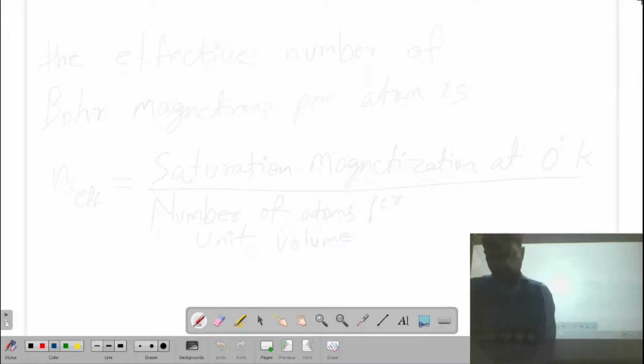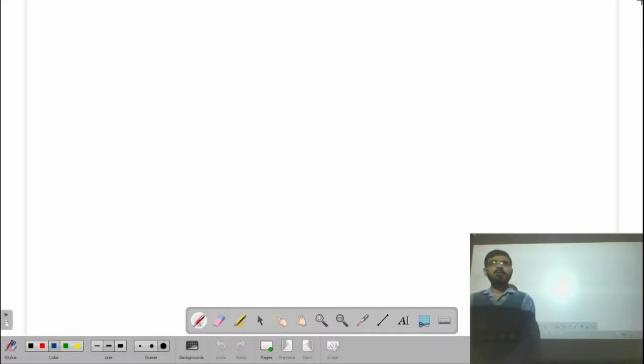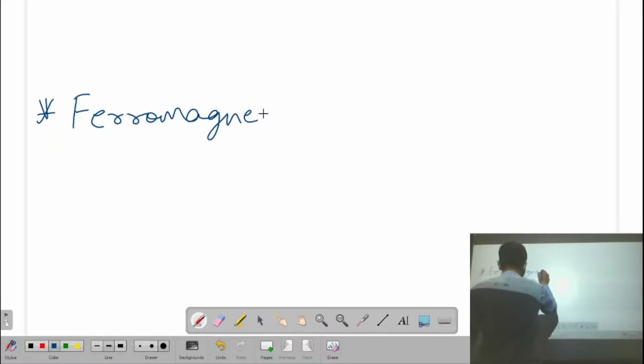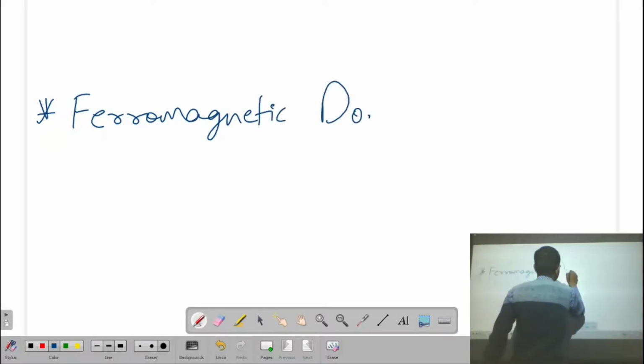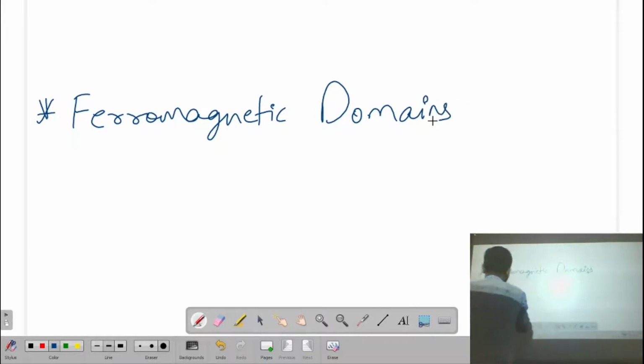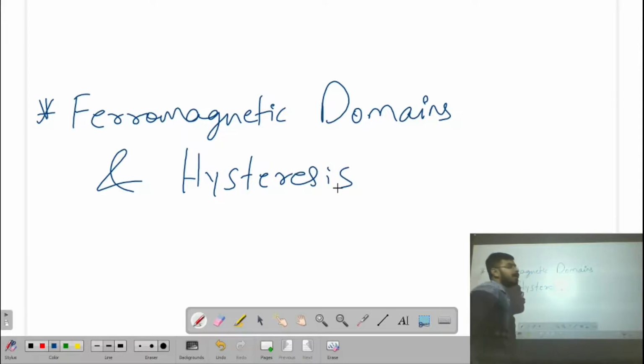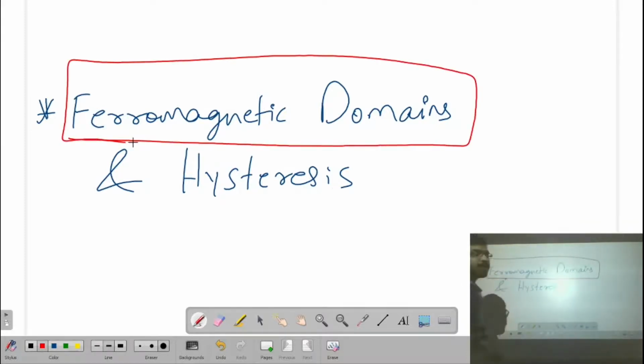Further, after understanding ferromagnetism in iron, cobalt and nickel, the next topic is ferromagnetic domains and hysteresis. Now here the word ferromagnetic domains comes, which means we want to understand first of all what a ferromagnetic domain is.